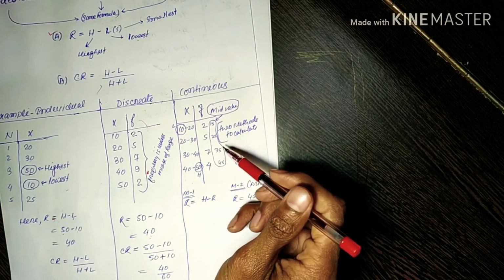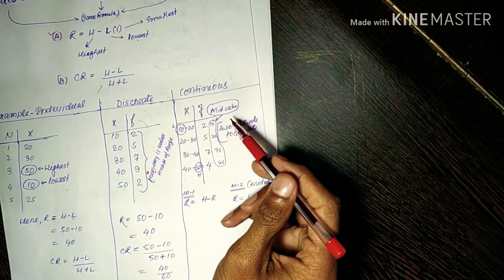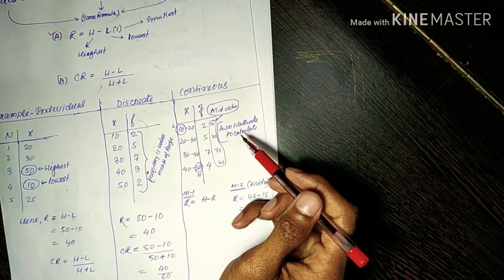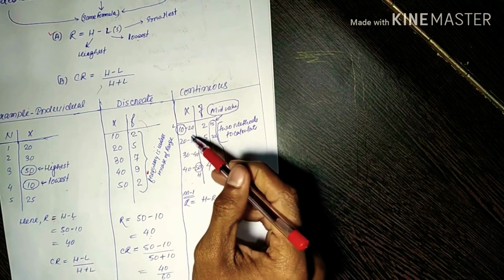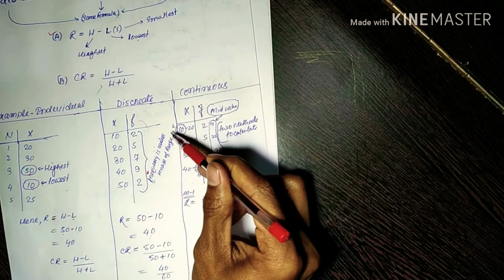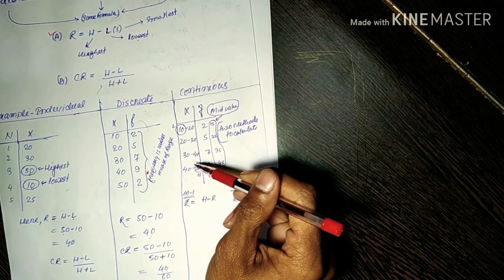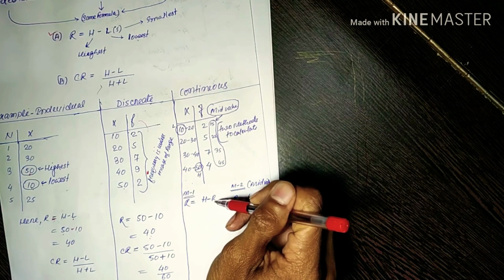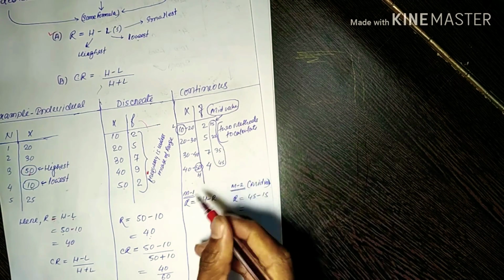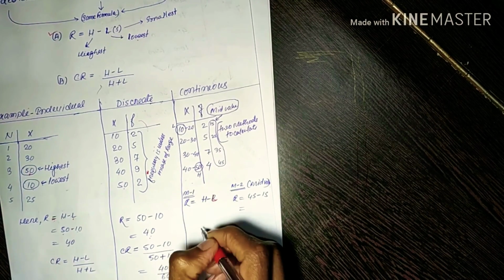Number one, without finding the mid value, directly H minus L. In the first method, we do not need to find any mid value. So R equal to highest minus lowest, and we will find it like this.